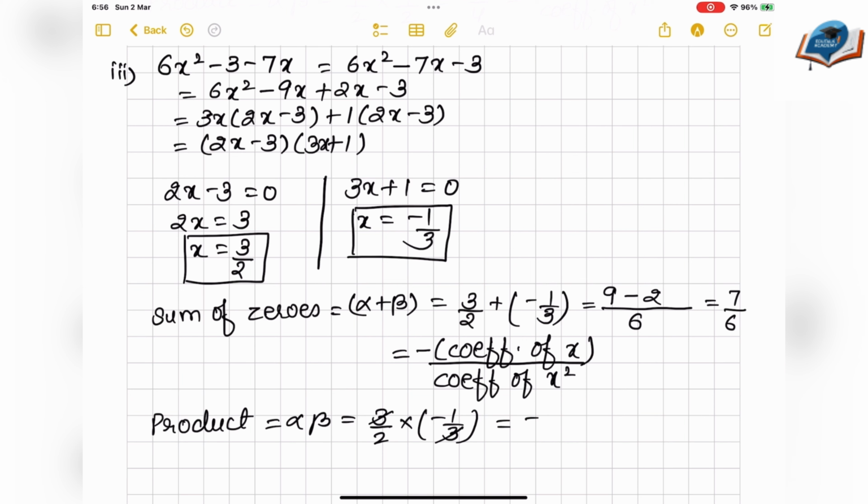So 3 cancel, so minus 1 by 2. That is C by A. So C is minus 3 upon 6, which is equal to minus 1 by 2, which is equal to C by A, which is equal to constant term upon coefficient of x square.